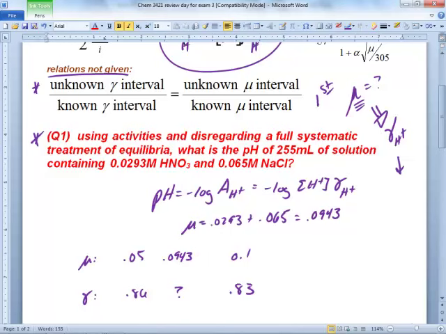And then do the unknown gamma interval. Just remember to be consistent. Unknown gamma interval over the known gamma interval has to equal the unknown mu interval over the known mu interval.